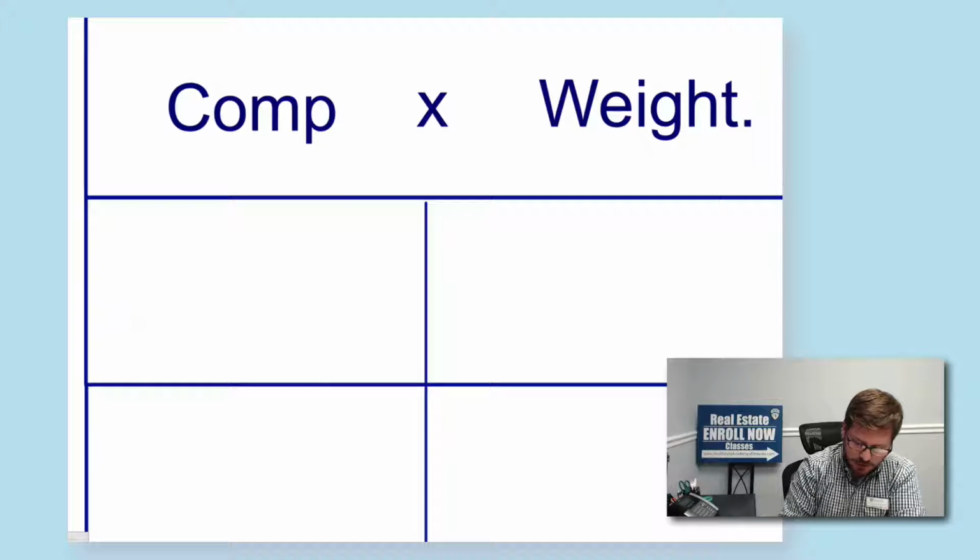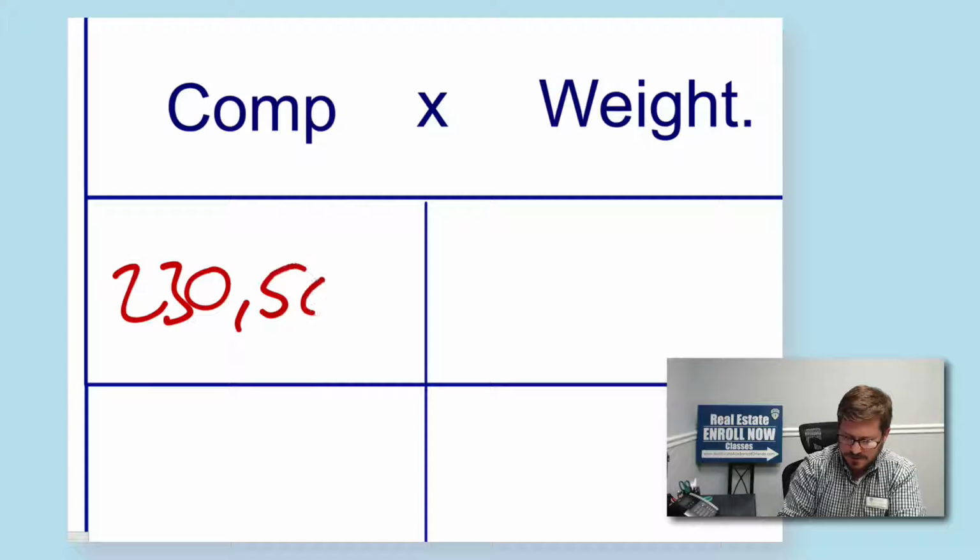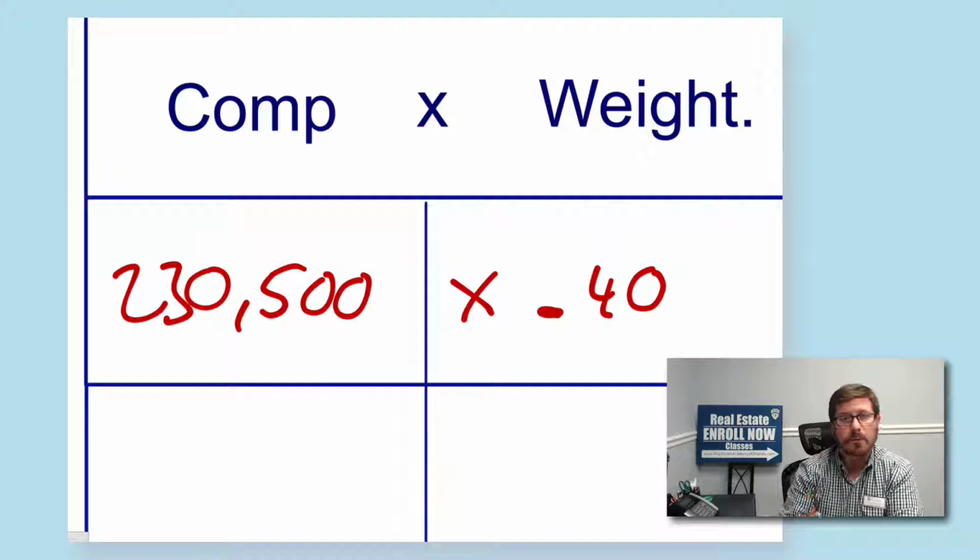That was $230,500. That did have a weight of 40%, so we can multiply that by 0.40, or 40 and the percent key, and then the equal sign.